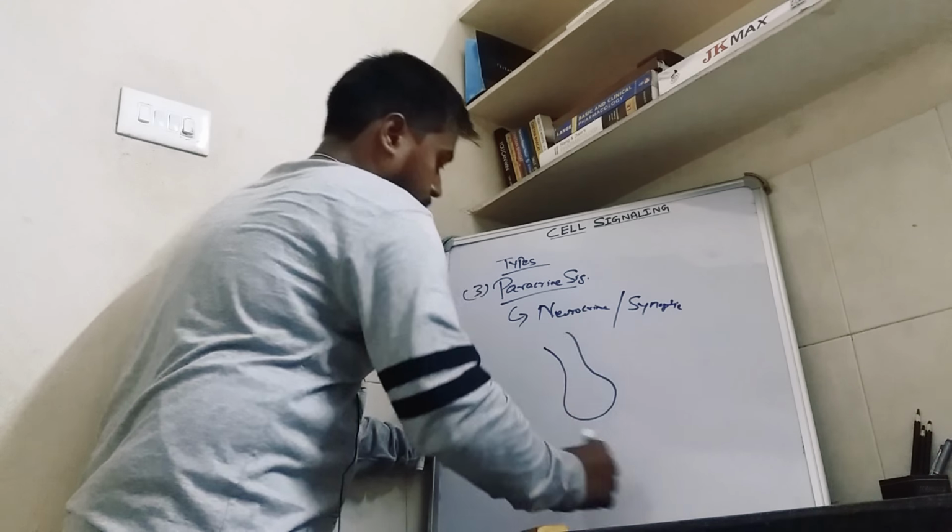Here also, synthesis and release of signaling molecule occur through vesicular budding, and the signaling molecule will travel and bind to the receptors present on the postsynaptic neuron, and the gap between these is called the synapse. That's why it is called synaptic signaling, and it occurs in neurons, and the distance between them is also short.